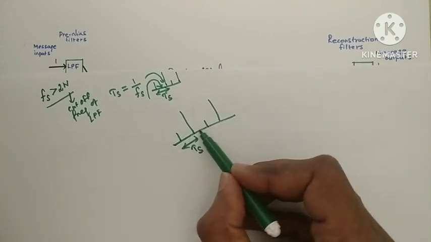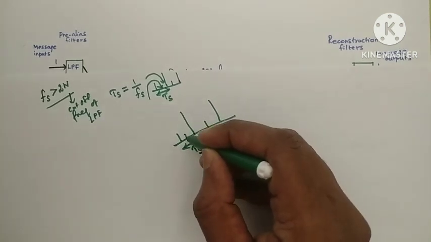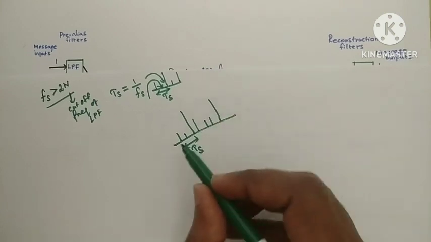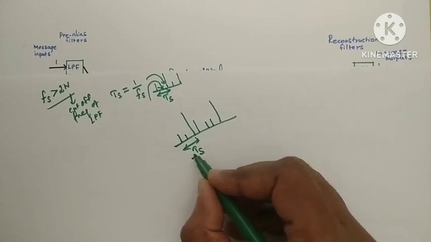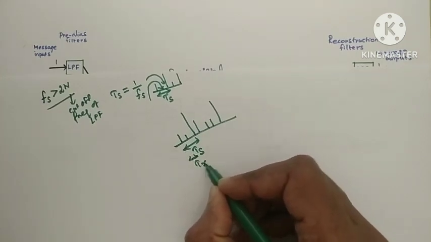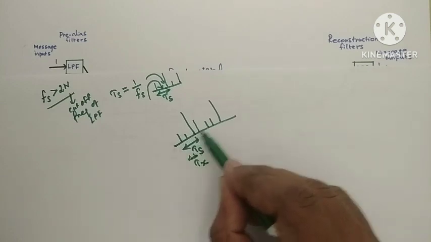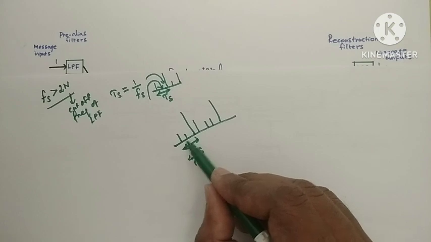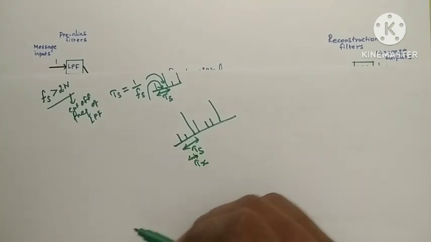In between this time period, you will place the sample of the second signal. Now what is the spacing between adjacent samples, adjacent pulses? This is Tx. Adjacent pulses of the same message are spaced Ts apart, while adjacent samples of different messages are separated by Tx.